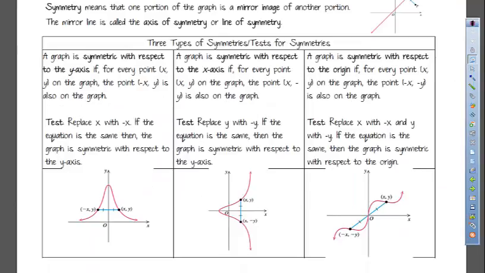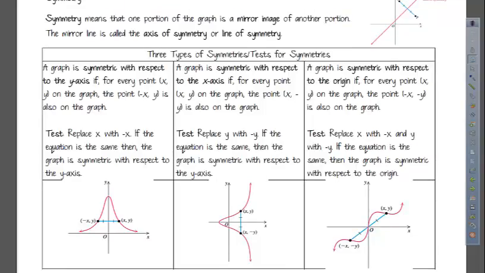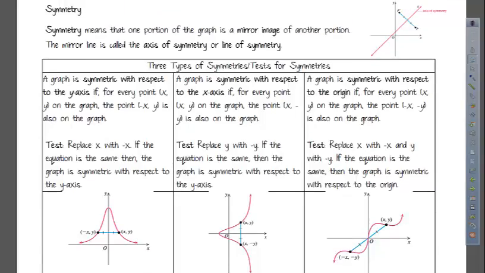Symmetry. I thought we'd run into this pretty soon. One of the things we're interested in knowing about our functions as we start to describe them is whether or not they are symmetric. Symmetry means that one portion of the graph is a mirror image of another portion. The mirror line is called the axis of symmetry or line of symmetry.